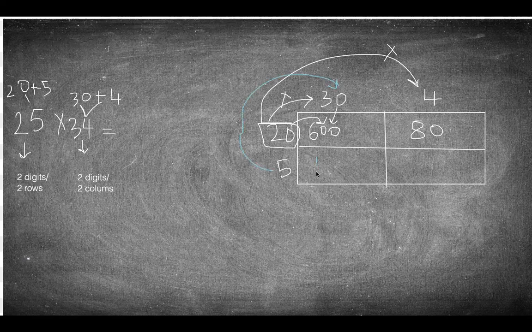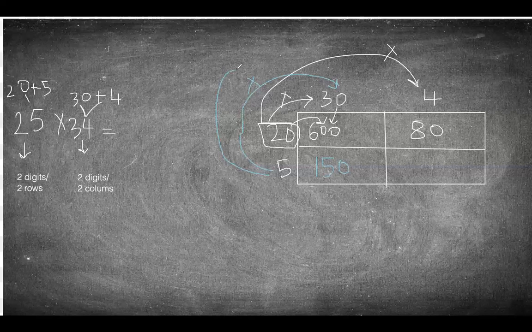It is going to be 15. Then put the 0 at the end. So 5 times 30 is 150. I'm done. I'm going to take 5 times 4. 5 times 4 is 20. And I'm simply going to put it here.